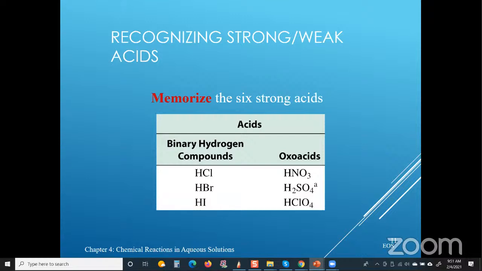Come on, guys. I just said it like 5 minutes ago. What did I say about sulfuric acid?